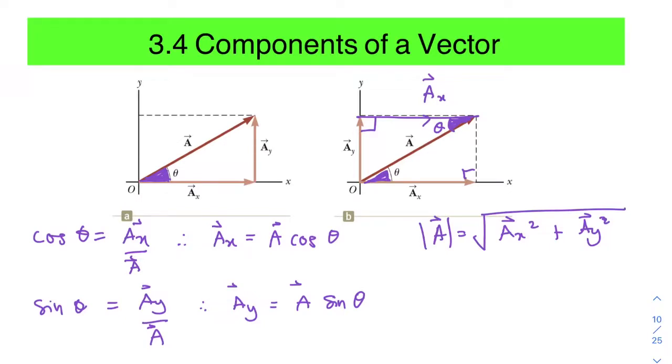Right. How about the theta itself? The direction. Theta is arctangent of AY over AX.